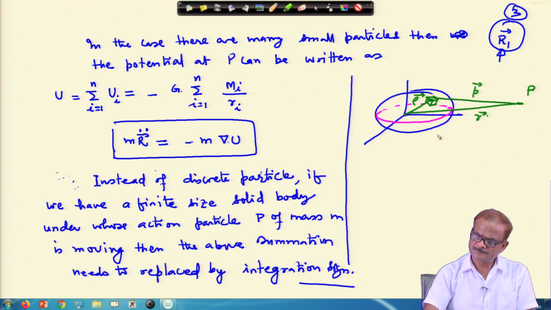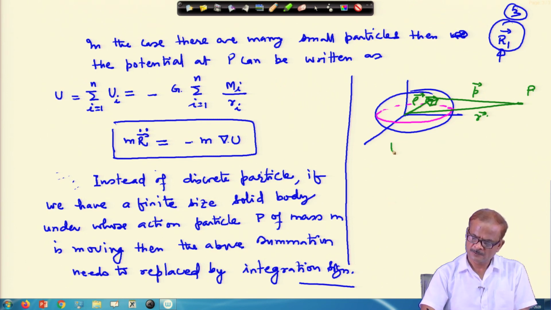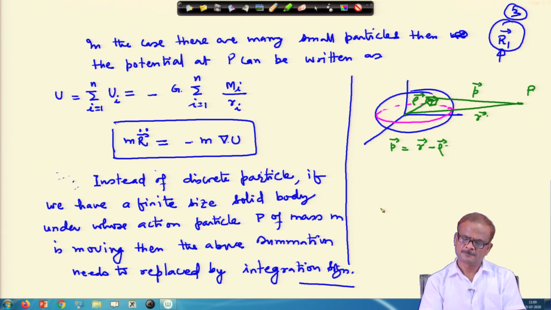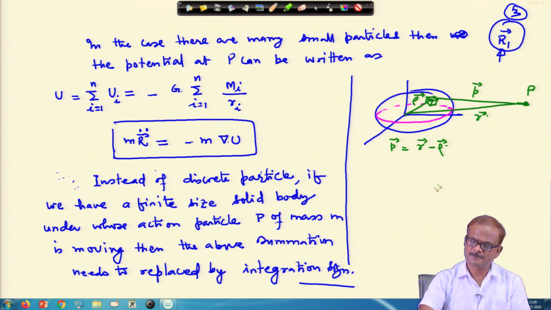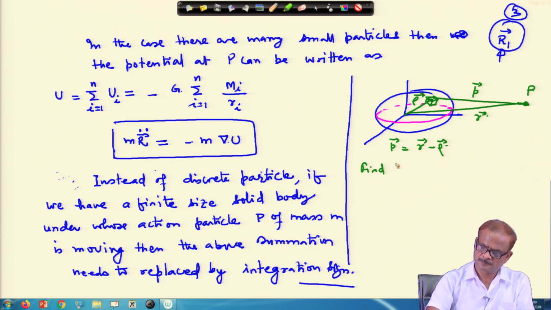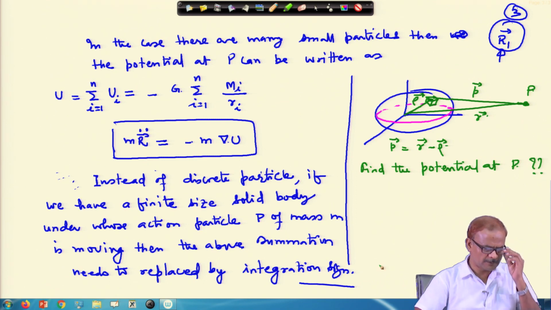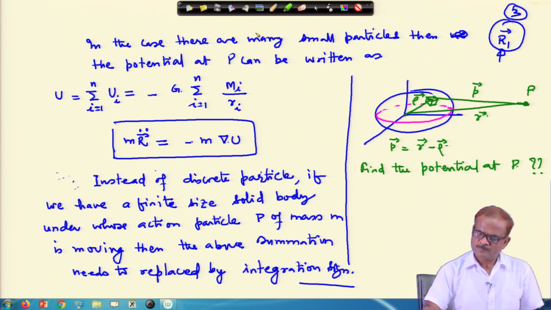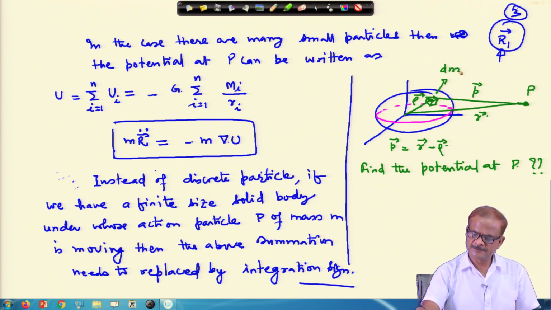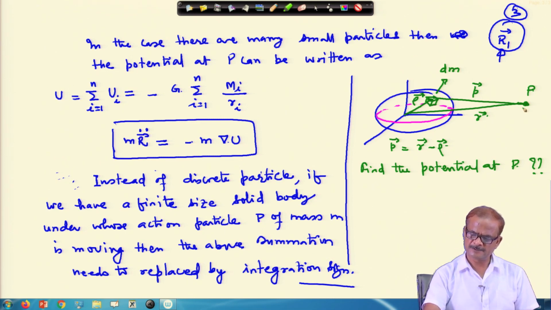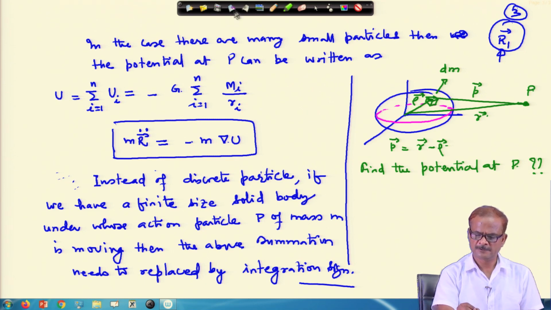This distance we can write as p. So, find the potential at P. What will be the potential at that point? Let us assume that this mass is dm, elementary mass, and based on that we calculate the potential here and then we integrate over the whole body.